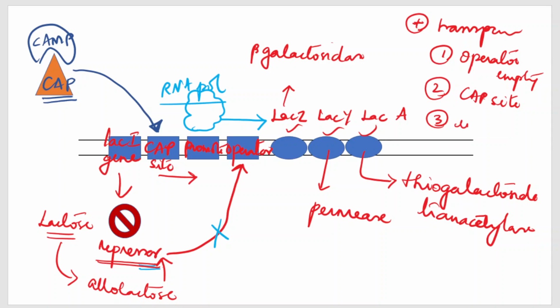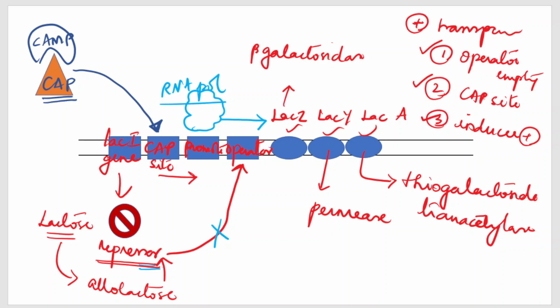So in the presence of the inducer also, the transcription can take place. So first, the operator site should be empty, the CAP site should be bound with CAP plus cyclic AMP, and then the inducer has to be present. If the inducer is present, it can block the activity of the repressor.